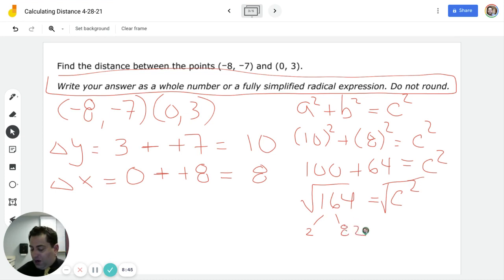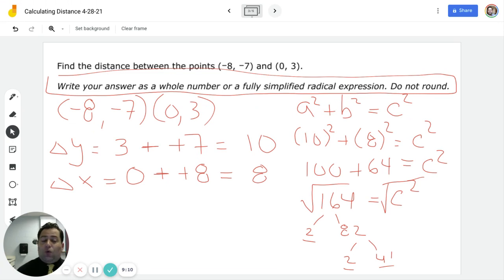And now I know that 2 is a prime number. I can't go any further, so this becomes the end of that tree. But 82, we can do another 2. So 82 can break up into 2 and 41. Well, 2 is the end of this chain, and 41 happens to be a prime number. I don't know any numbers that multiply to give me 41.